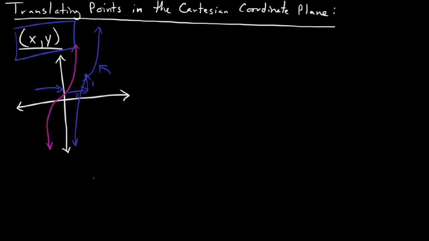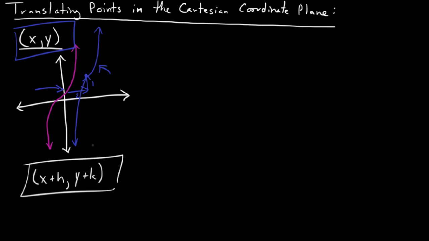Algebraically, we'll look at it this way. Translation is represented thusly: we give every point that has been translated from the original as x plus some h value and y plus some k value. I'm going to point these out and show you the steps first.